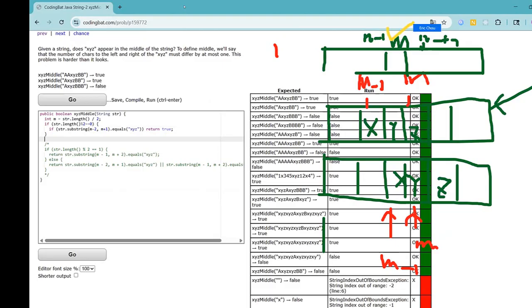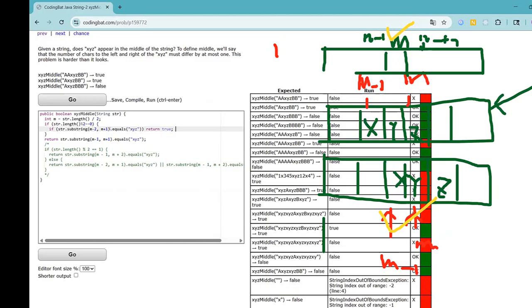So this case and this case actually is the same math. So you directly return str substring of M minus 1, M plus 1, that equals XYZ. You don't need to do if now because the else part would be false. Then that's it.